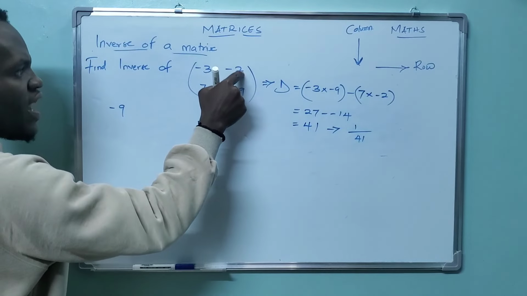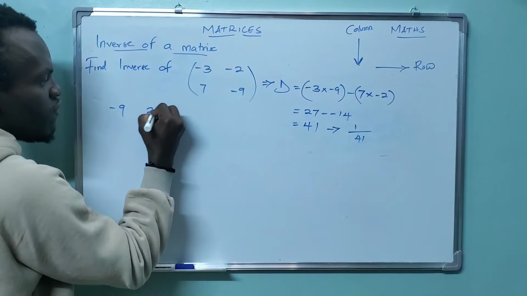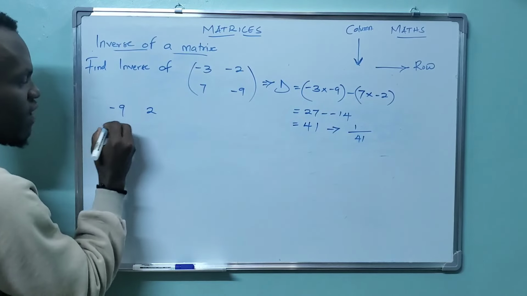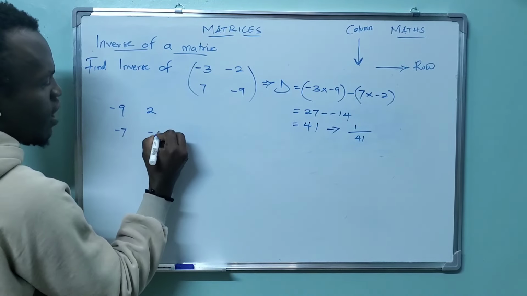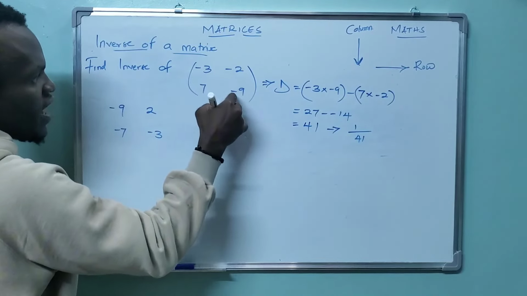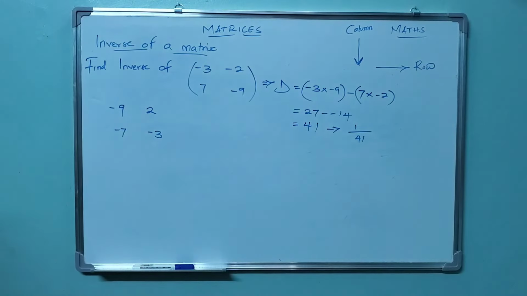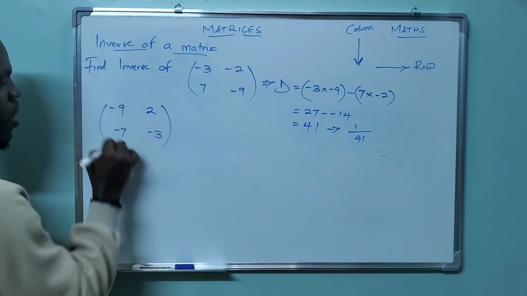So instead of having here negative 2, I'm going to have positive 2. Instead of having here positive 7, I'm going to have there negative 7. Then there I'm going to have negative 3, because the positions of negative 3 and negative 9 have changed, while the signs of 2 and 7 also have changed.